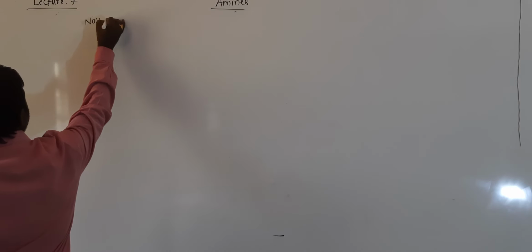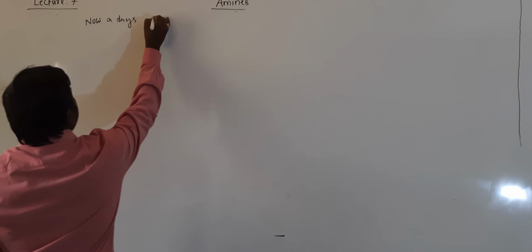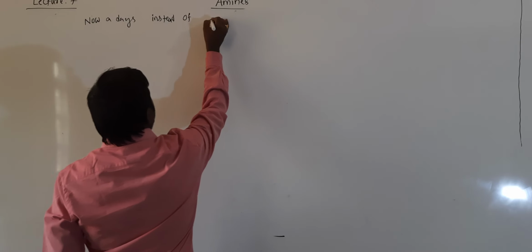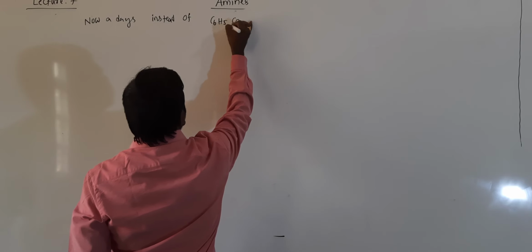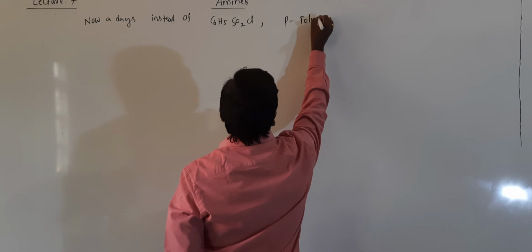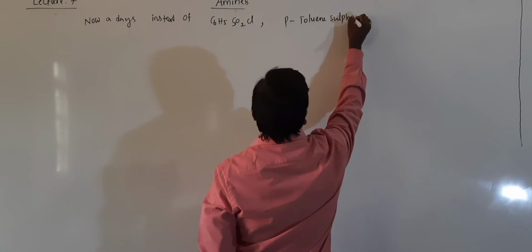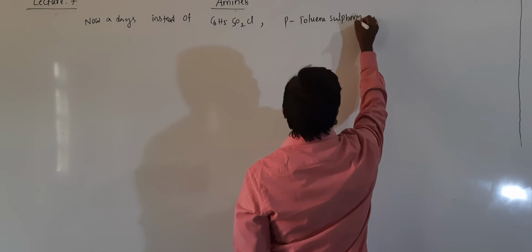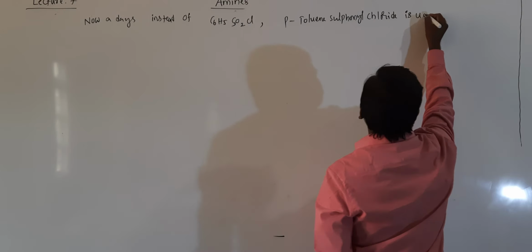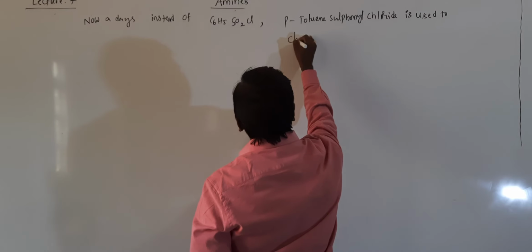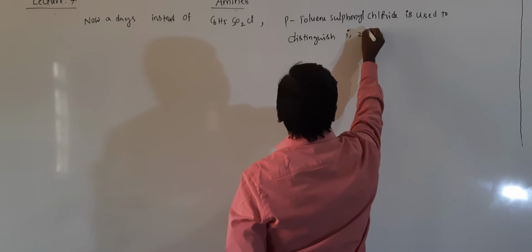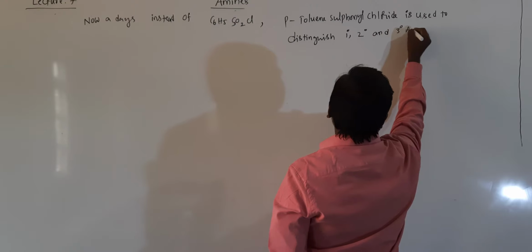Nowadays, instead of benzene sulfonyl chloride, para-toluene sulfonyl chloride is used to distinguish primary, secondary and tertiary amines.